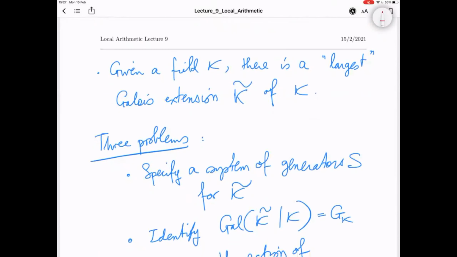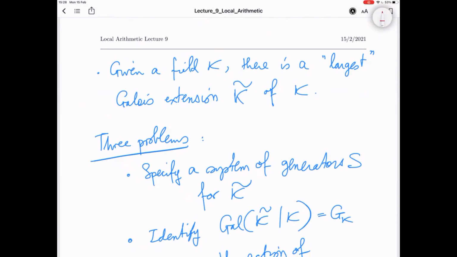Now let's look at these algebraic extensions, which are possibly of infinite degree and which are Galois. It so happens that there is one which is as big as any other with these properties.